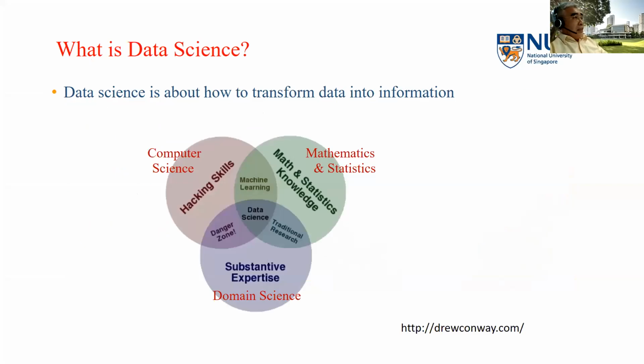So what is data science? Data science is about how to transform data into information. There's a misconception that data science is all about statistics. Statistics is important, but it's not the only thing that is important for data science. Many machine learning algorithms are based on linear algebra applications. Data science needs a good understanding of mathematics.